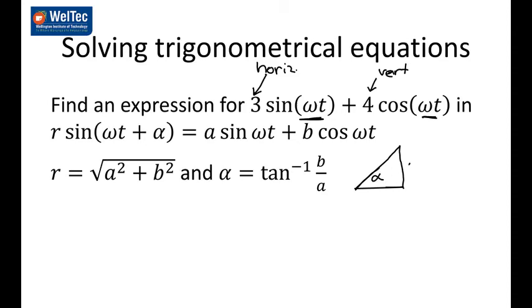And 4 was our vertical, 3 was our horizontal, and we can work out then that the hypotenuse is 5. In this case, we can work out that it's got to be in quadrant 1, and that r, well, we've actually worked it out, r must have been 5, and alpha must be the inverse tan of 4 over 3.